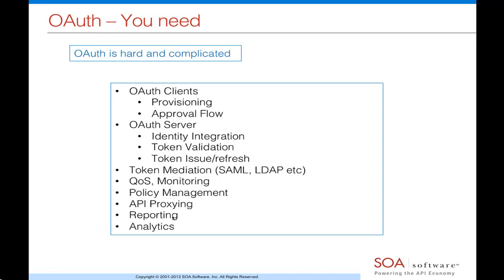There's also token mediation, which is where you, as a client, have OAuth and you might want to do token mediation across SAML and LDAP. There's obviously monitoring, policy management, API proxying, reporting and analytics, all of which goes into OAuth. So OAuth can get really, really hard if you try to do it yourself, but it's also extremely important to understand all these aspects of OAuth to keep your service and API secure.